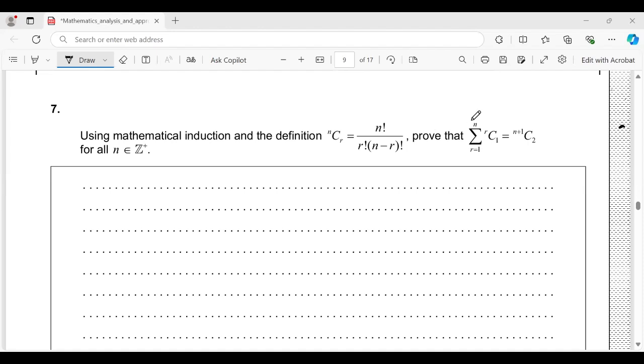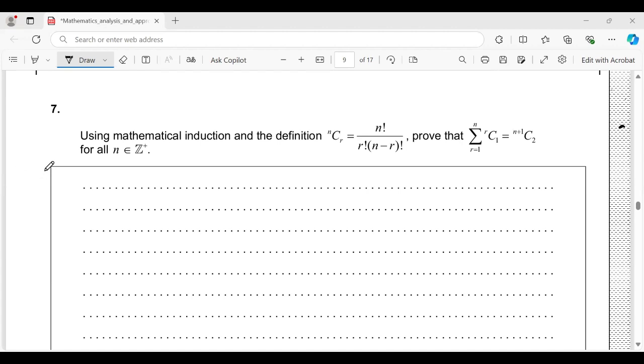Prove that the sigma from r equals 1 to n of these combinations of r and 1 equals the combination n plus 1 and 2, for all n is an element of the positive integers. Okay.